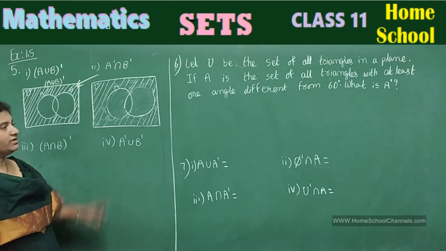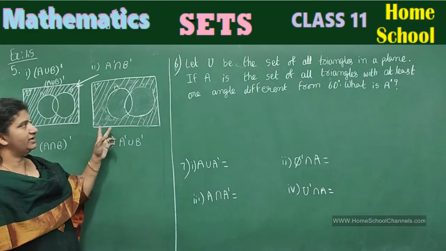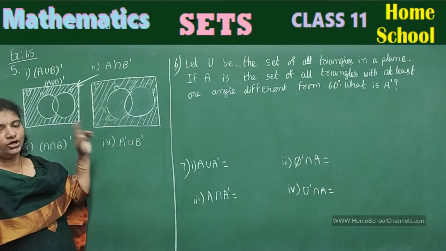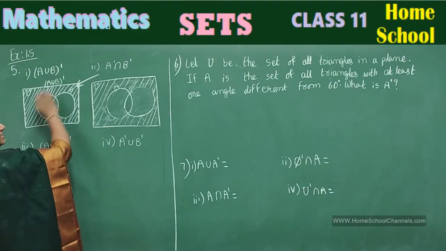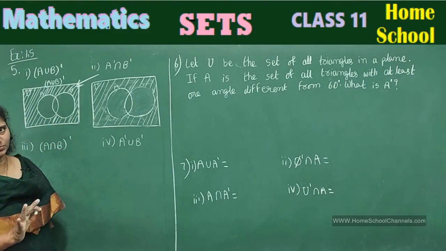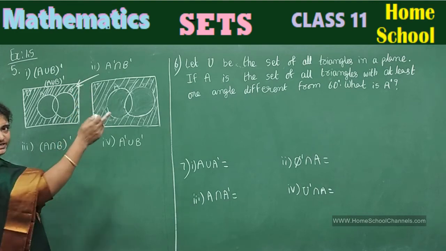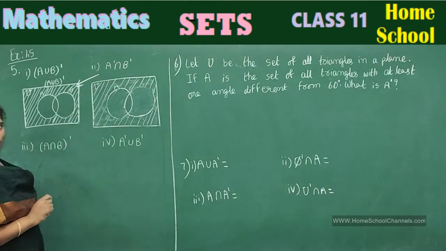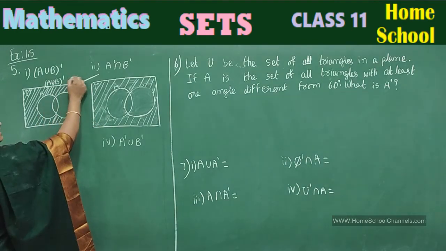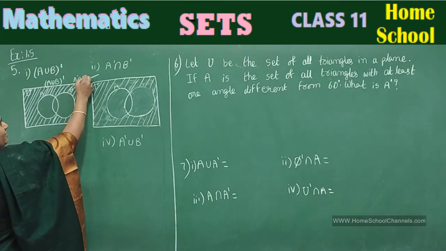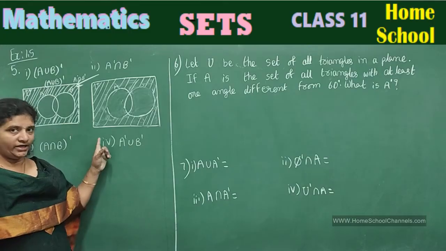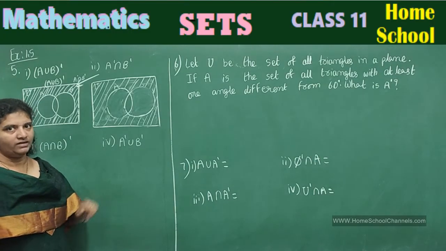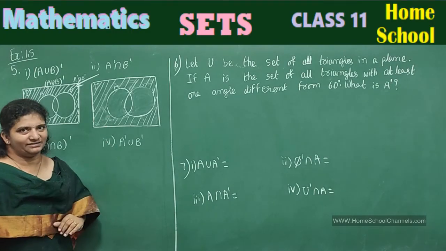This is to explain; I have done double shading, right? Normally, to draw A complement intersection B complement, you need to do it in the same manner. Here there is double shading, so we need to show only one shading. This is only to understand.